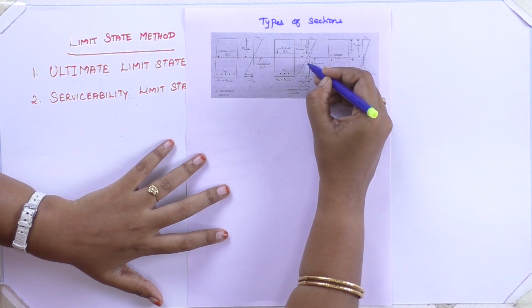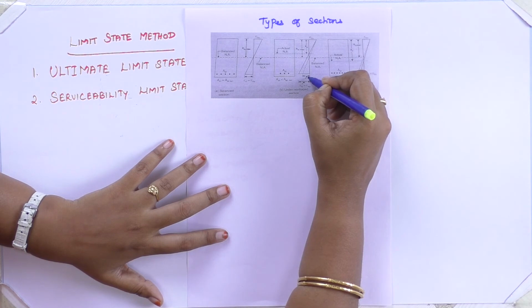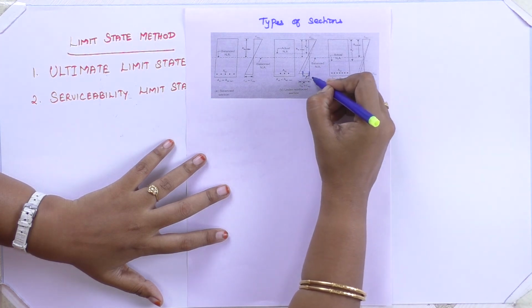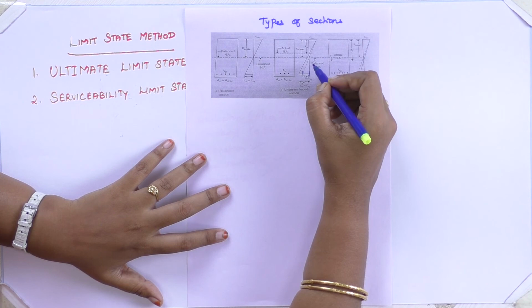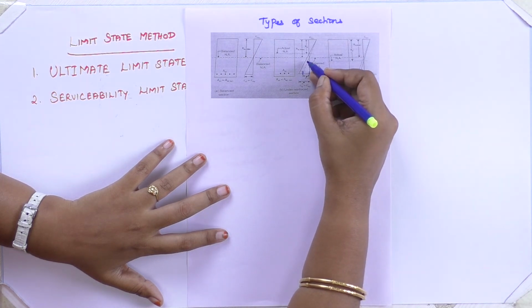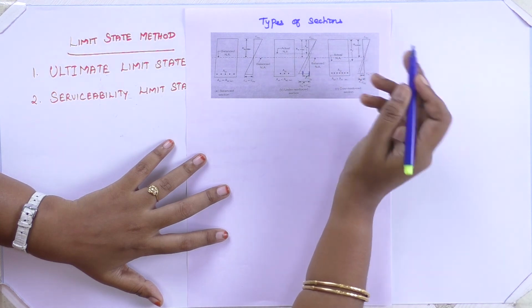You will get strain around epsilon sy, which will be lesser than your ultimate strain. For an under reinforced section, the neutral axis moves towards the top.